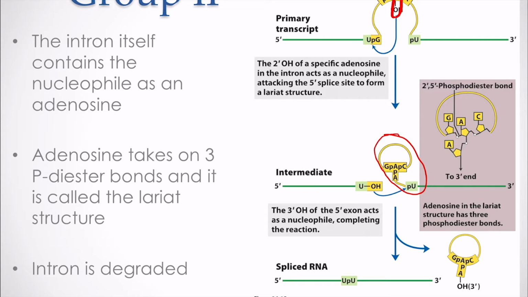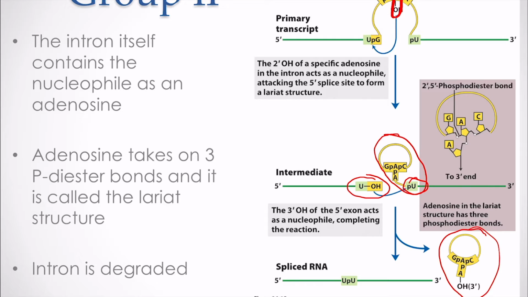And then the Lariat structure is going to have 3 phosphodiester bonds, and the OH group at the 5' end is going to be a nucleophile that's going to attack the 3' end. And this will release the Lariat structure.